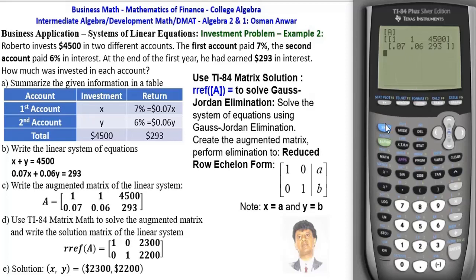Then do second matrix, math, go all the way down, find the RREF, second matrix, call matrix A, close it, hit enter, and here is the solution. X equals 2,300 and Y equals 2,200.